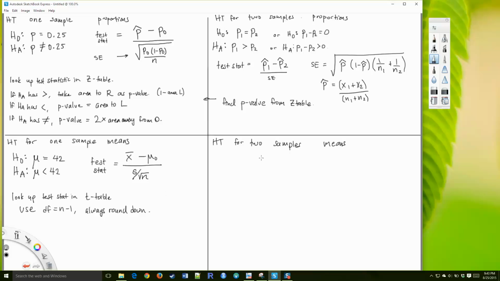Always round down, and the way we do it, you guys know how to do it, is you figure out which column your test statistic is between, and then the corresponding p-value will be between the column headings.